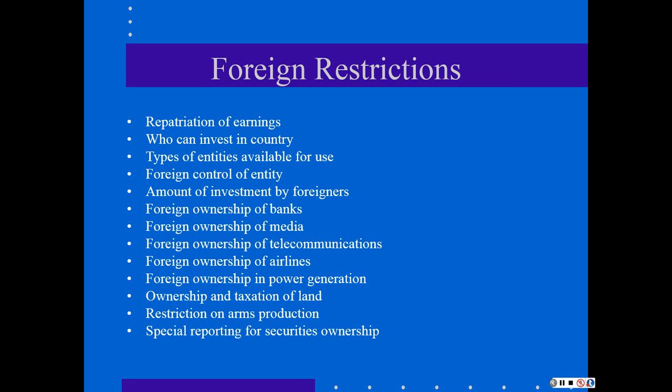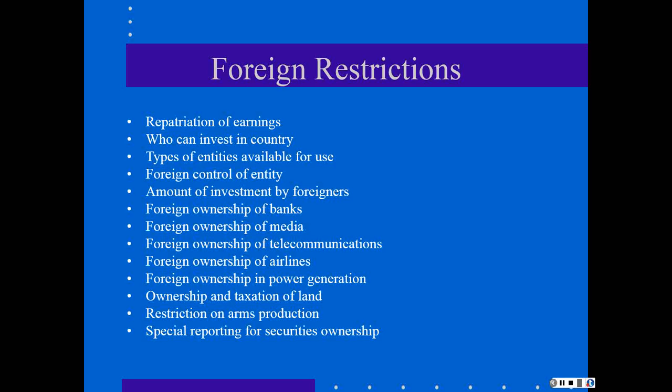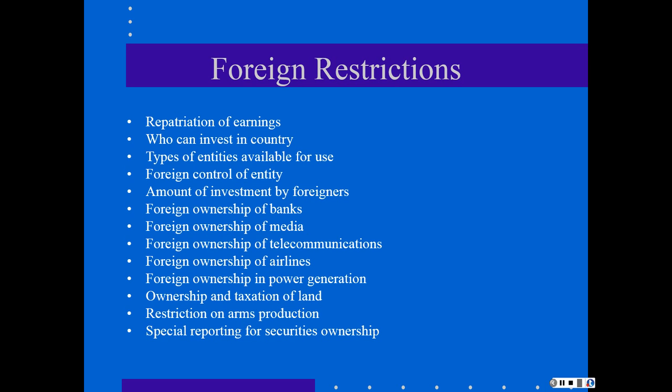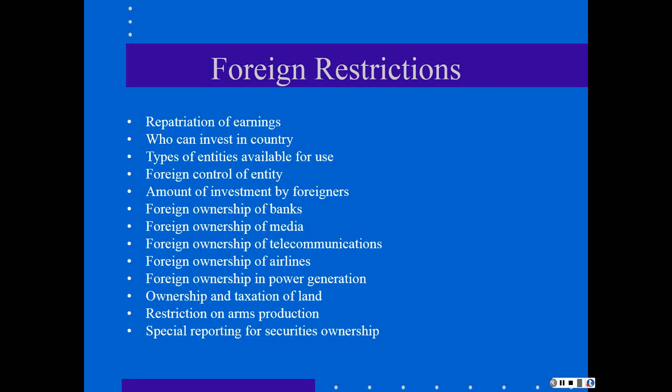These developing countries figure that they don't want to lose control, and so if they have a national with ownership, then they would have more control over the foreign investment. There may be a limitation on the amount of investment by foreigners.